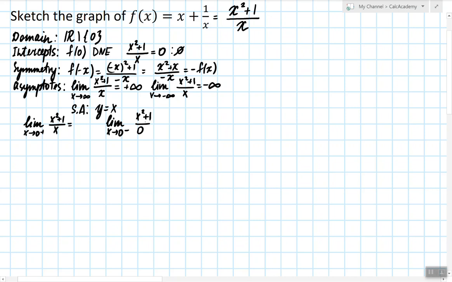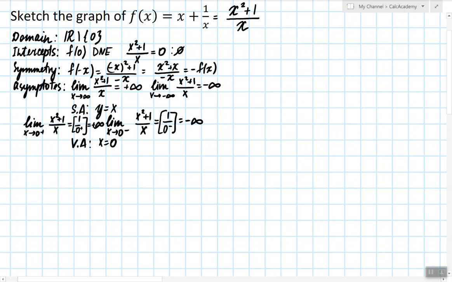As x approaches 0 from the right, we don't have an indeterminate form, we just have 1 divided by 0 plus, which is the same as positive infinity. As x approaches 0 from the left, again we don't have an indeterminate form, we just have 1 over 0 minus, which is negative infinity. So we have a vertical asymptote at 0.